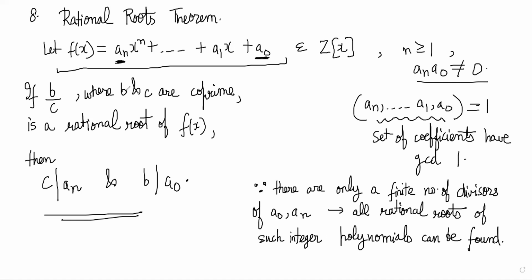And then you can check with the equation itself whether they are actual roots or not, right? So the rational roots theorem gives us a way to find all the rational roots for a situation where an integer polynomial satisfies these conditions. Remember, these are the conditions that it must satisfy in order for the theorem to be applicable, right? Okay, let's move on to the next idea.